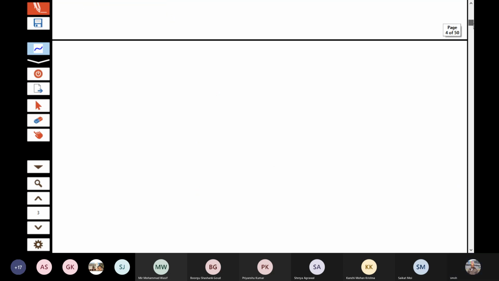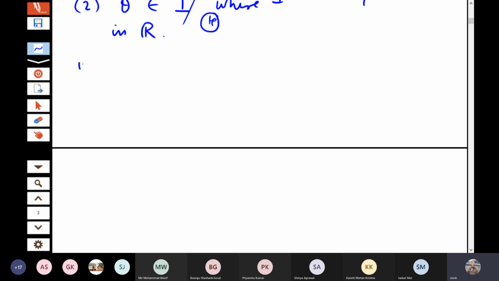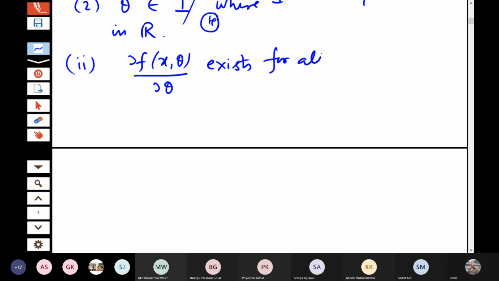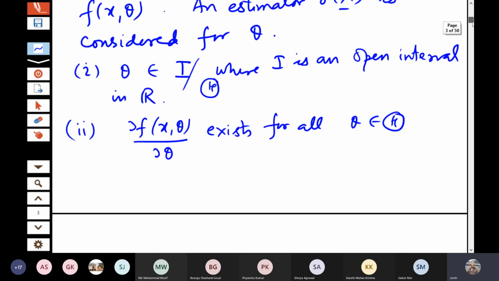Then the second condition is that the partial derivative of the PDF or PMF exists for all theta. Let me just say this again actually.